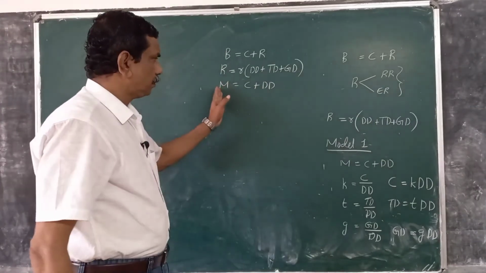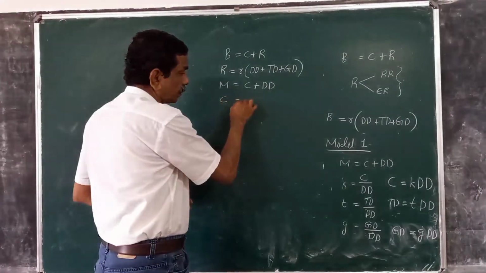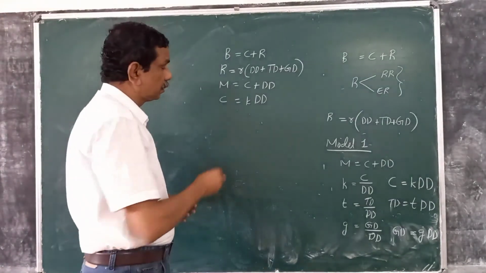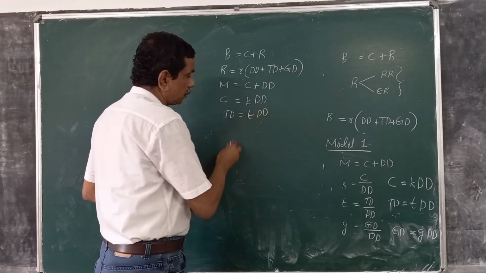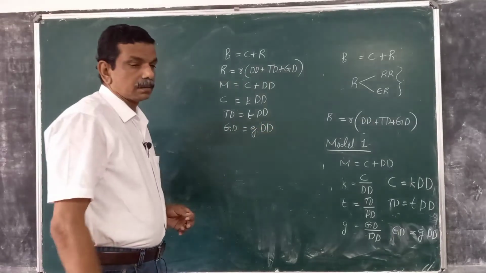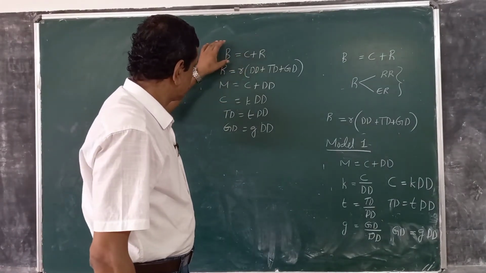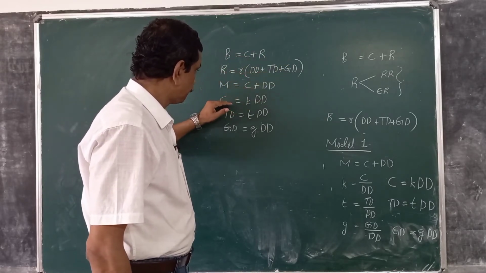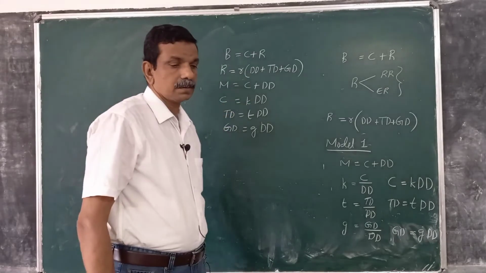Money supply is as usual currency plus demand deposits, and C is equal to K into DD. TD is equal to T into DD. GD is equal to G into DD. So we have high-powered money, reserves, money supply, definition for C, definition for total deposits, definition for GD.